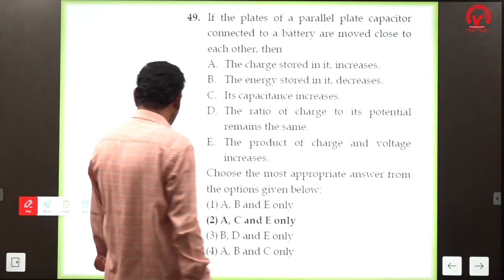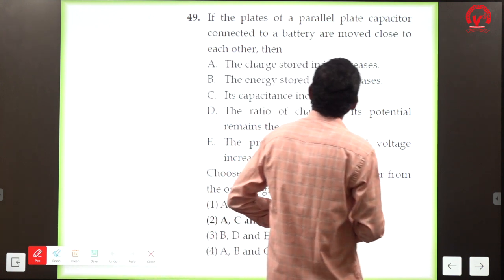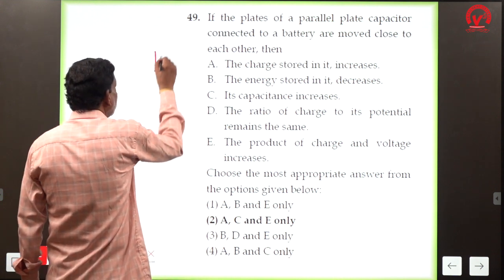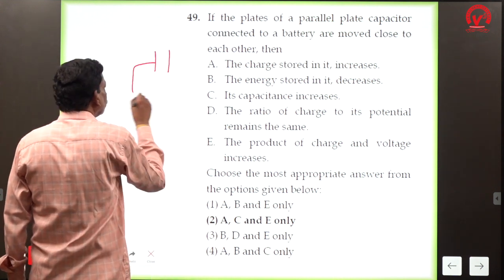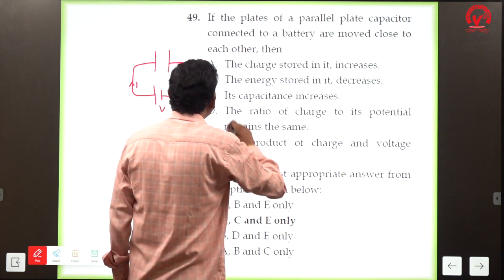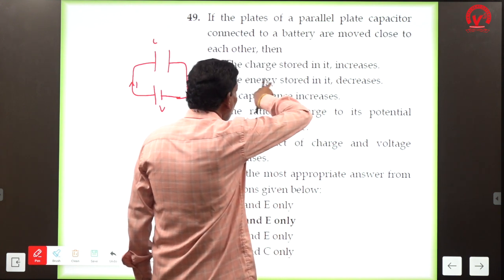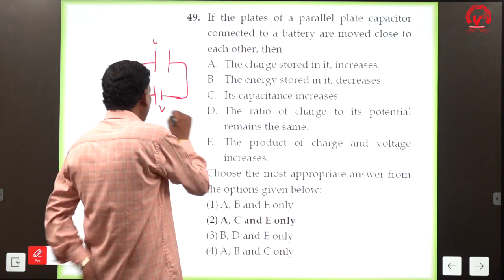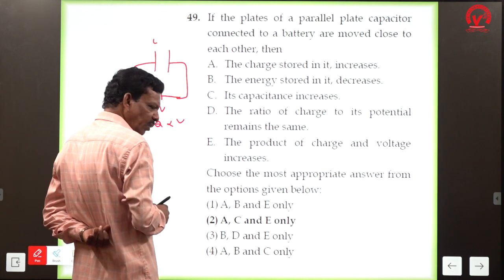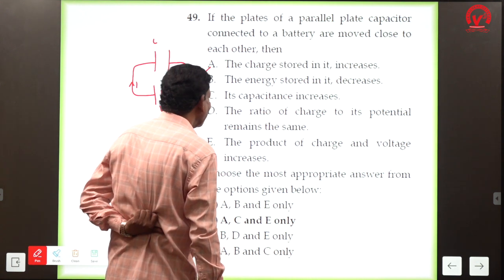Question number 49. The plates of a parallel plate capacitor are connected to a battery, with potential V, current I, charge Q flowing through it, and capacitance C. When the plates are moved close to each other, the charge stored in it increases, since Q is proportional to V. Next, energy stored in it decreases.